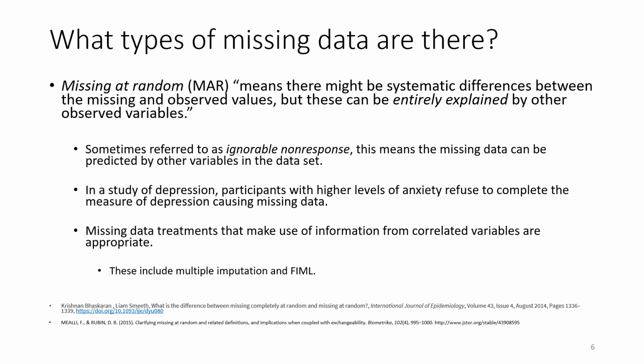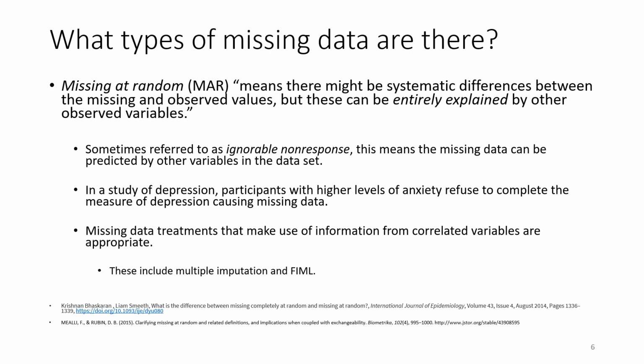The next assumption is missing at random. And this assumption essentially suggests that while you have missing data, that missingness is not random, but you have variables that can predict the missing scores.